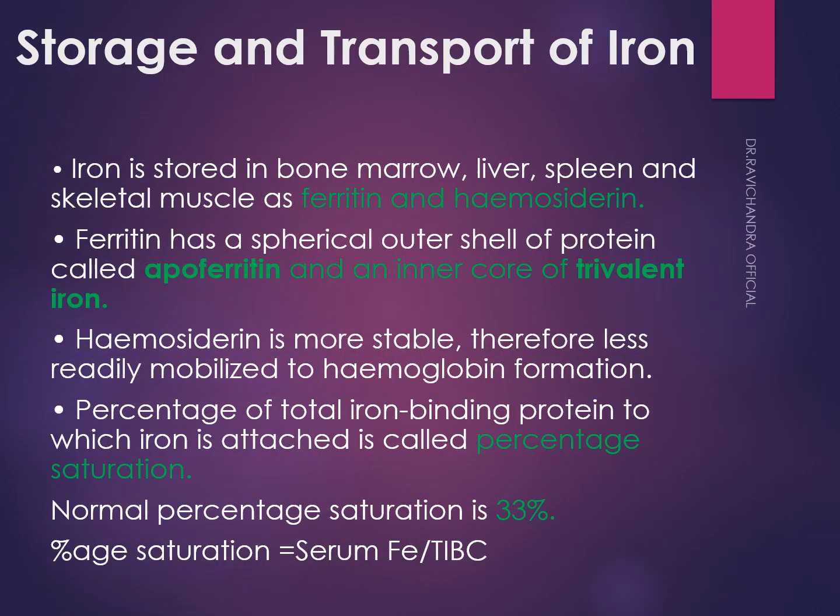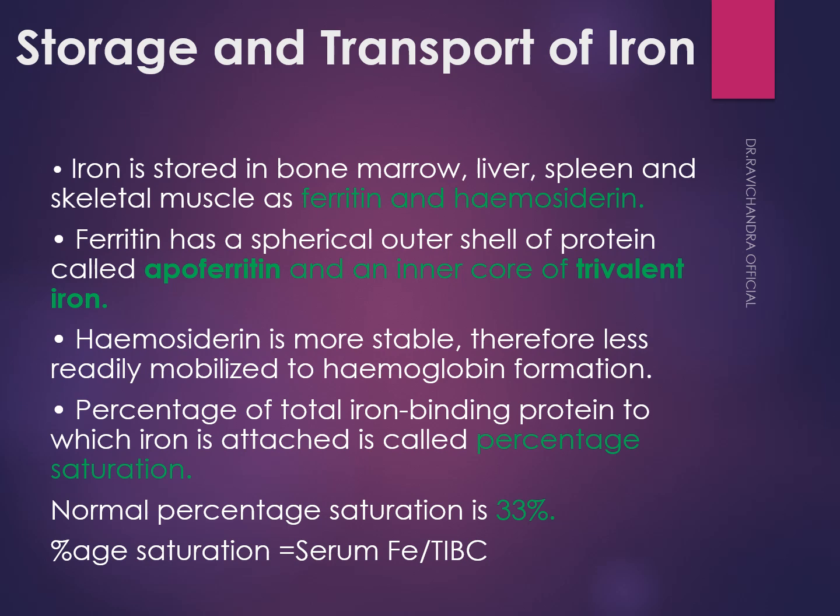Once absorbed, it has to be stored and transported. Iron is stored in bone marrow, liver, spleen, and skeletal muscle as ferritin and hemosiderin. Ferritin has a spherical outer shell of protein called apoferritin and an inner core of trivalent iron.